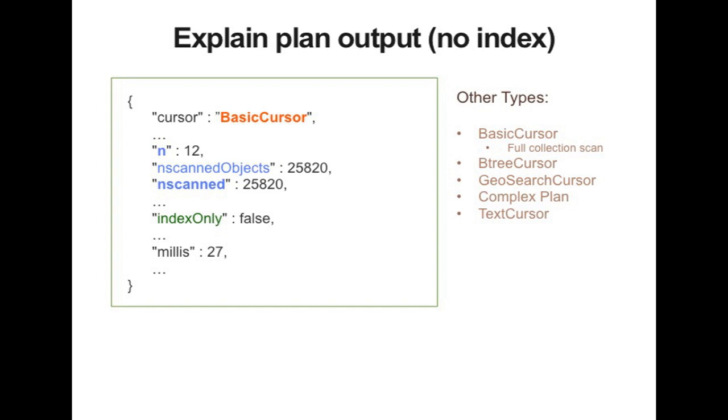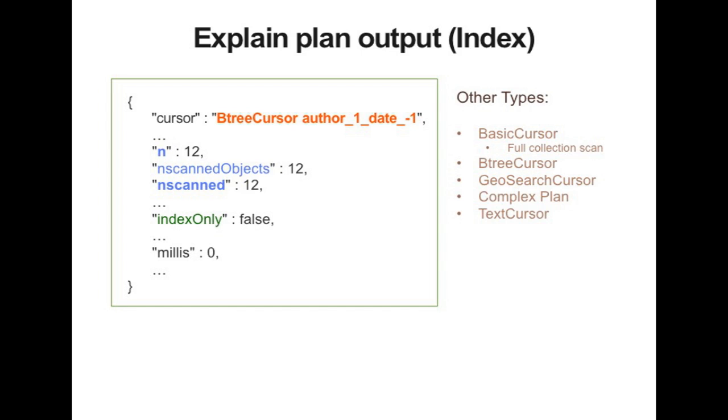The n of 12 is the number of documents returned. nscannedObjects is the number of documents that had to be scanned in the collection. nscanned could be the number of index entries scanned, or the number of documents scanned if there is no index. And indexOnly is false, which is an indication of a non-covered query, and then the millisecond response time.